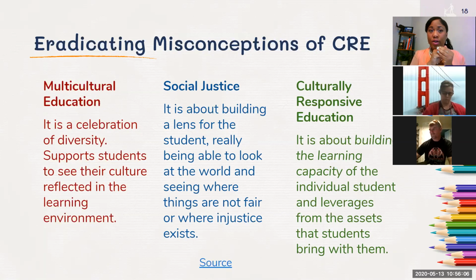It leverages the things that they already come to school with, and builds upon them. It's not necessarily teaching them about diverse groups or helping them take action on things that are unjust, but it really speaks to who they are as a learner, and it pushes them forward.